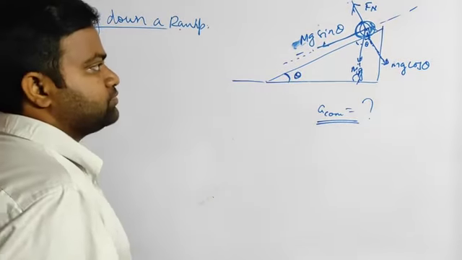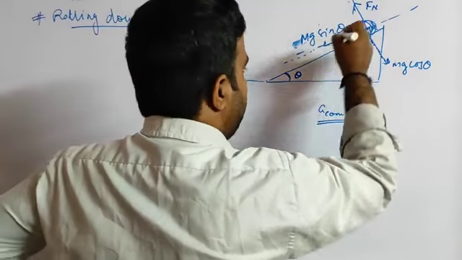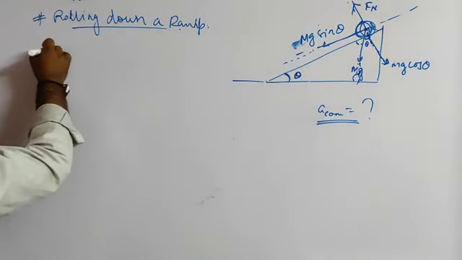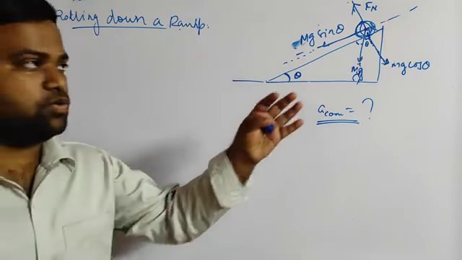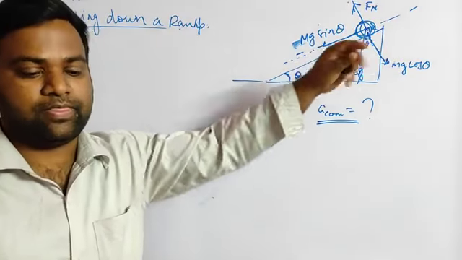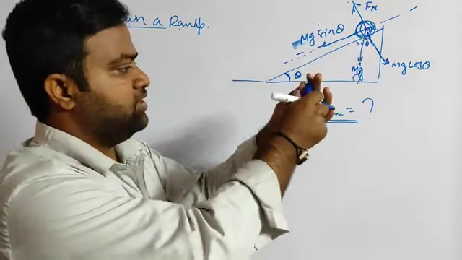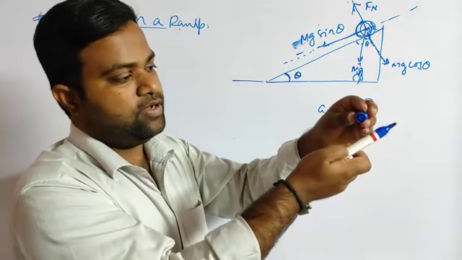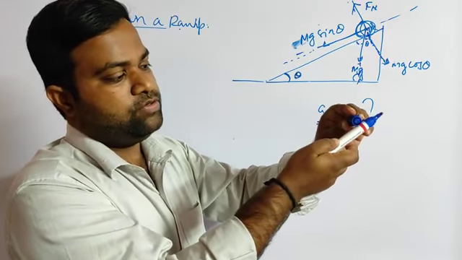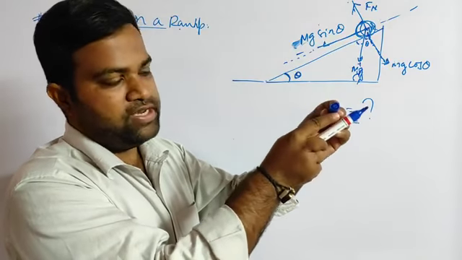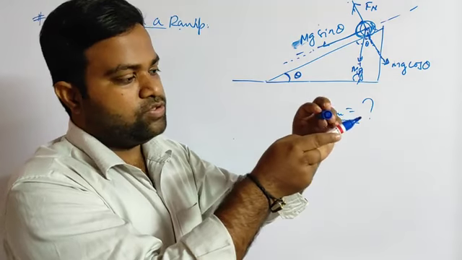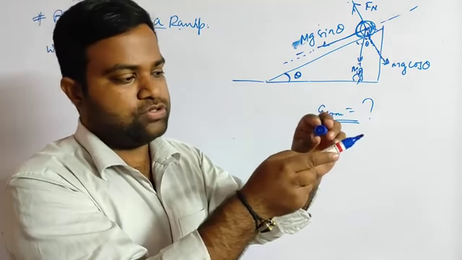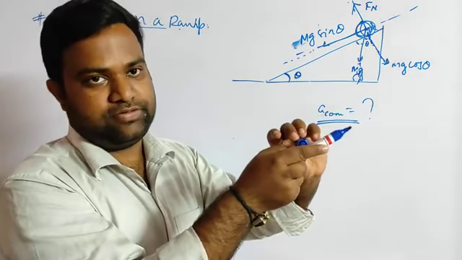Now, this is the case of without slipping. The object is rolling down, and it will not slip. If it does not slip, it means there is sufficient static friction providing the necessary force to roll the object.